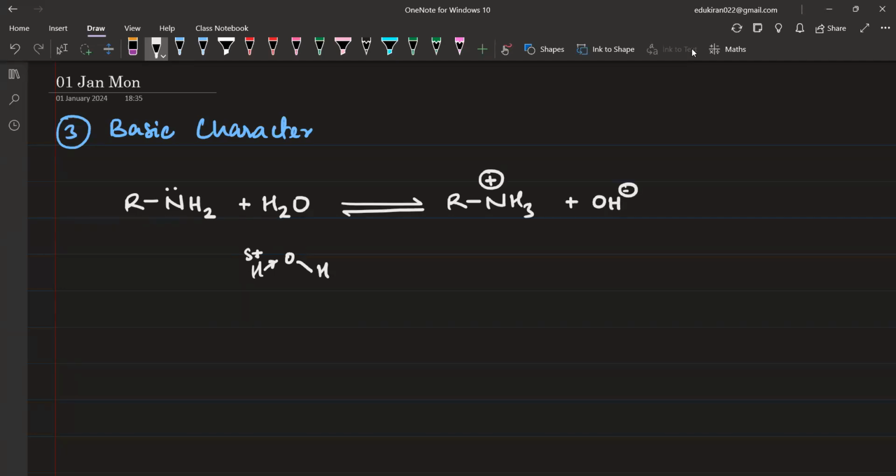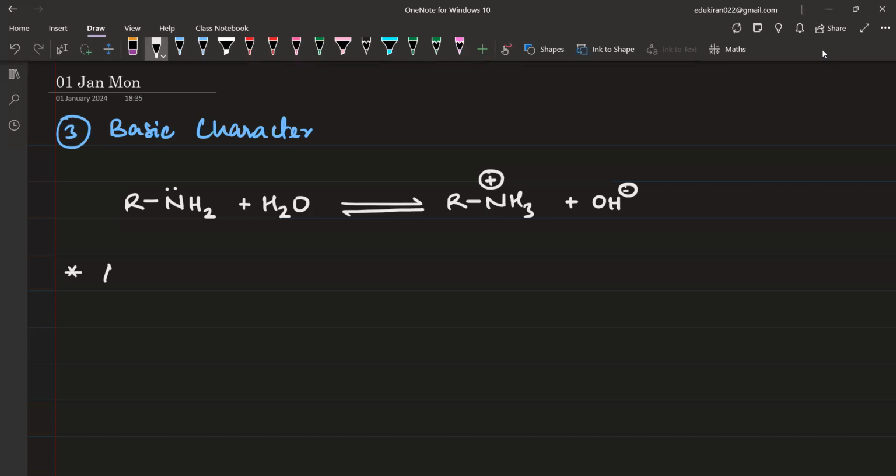That means when we add amines in water, we get OH negative ions. The amine is not releasing OH negative ions, but it is increasing the concentration of OH negative ions. That is why we say that amines are basic in nature.